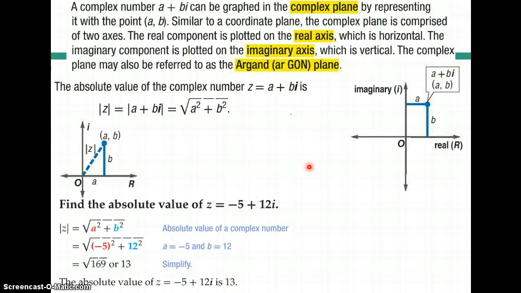A complex number a plus bi can be graphed in a complex plane, which is called the Argand plane.